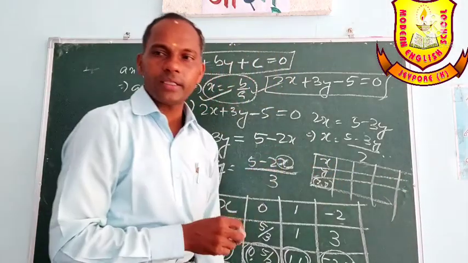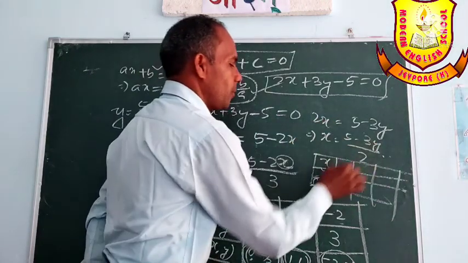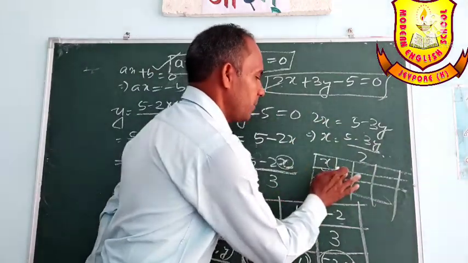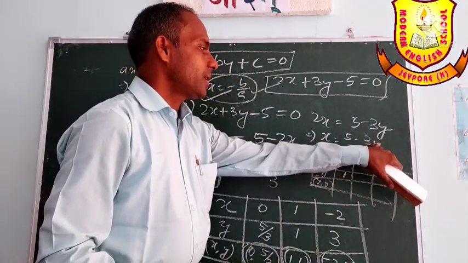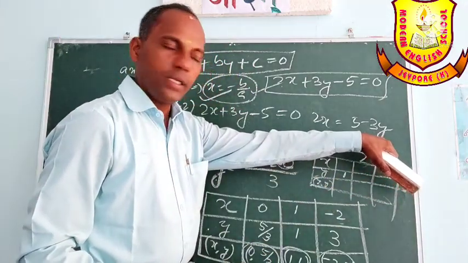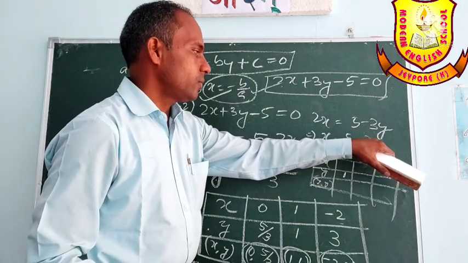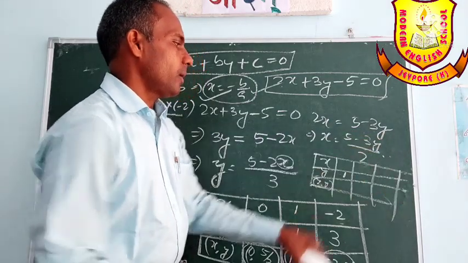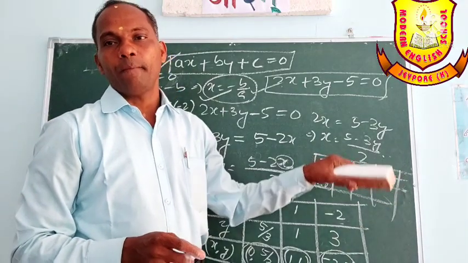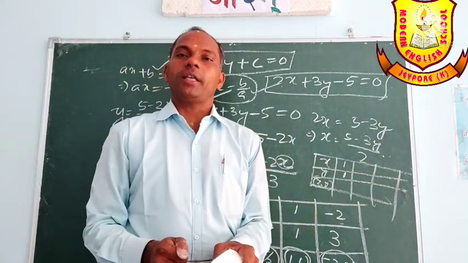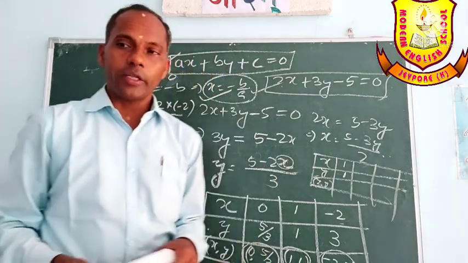Generally we have to write x first, but here you have to write the value of y first. For example, I will write the value of y equal to 1, then 3 ones are 3, 5 minus 3 equal to 2, 2 by 2 equal to 1. Then in the value of x you will write 1.